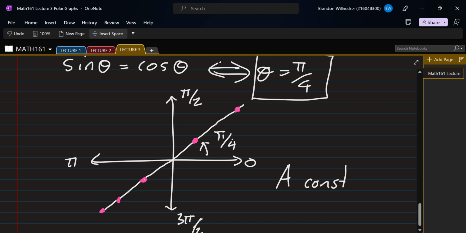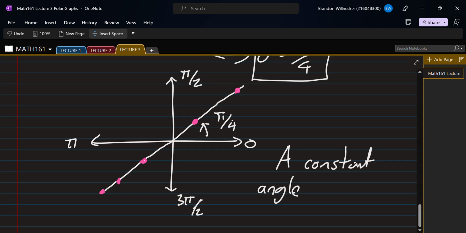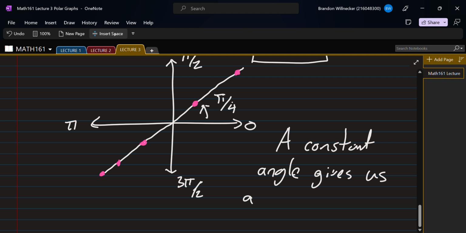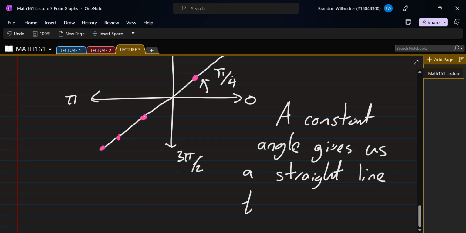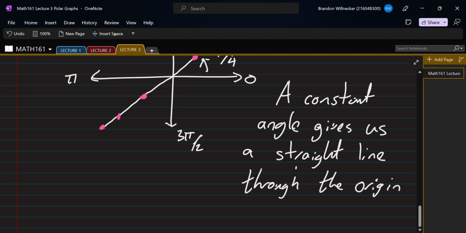A constant angle, so theta equals pi over 4, theta equals pi over 6, gives us a straight line through the origin at that angle.